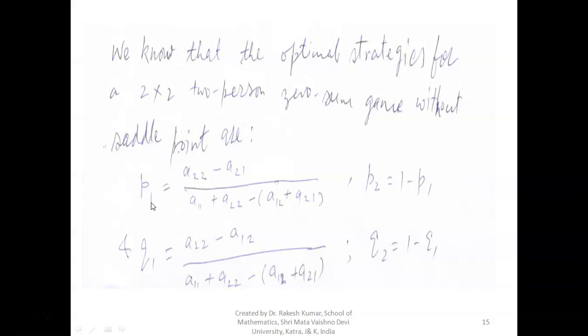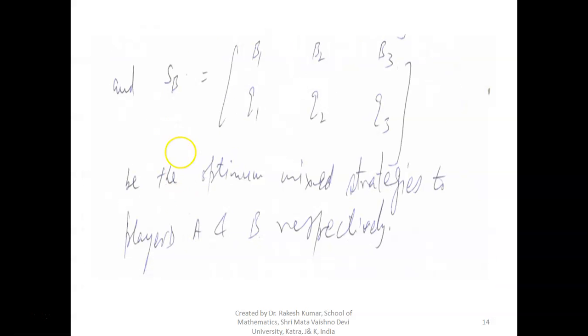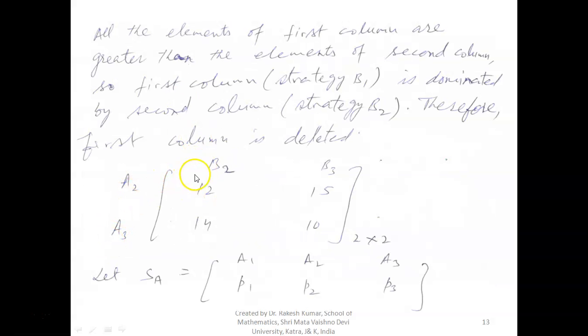So we know the value of P1 and the value of Q1. But here, instead of P1 and Q1, we will talk about P2 and Q2, because the corresponding strategy names are A2 and A3 and B2, B3. Here the corresponding probability is P2, the other is P3, and here Q2 and Q3.